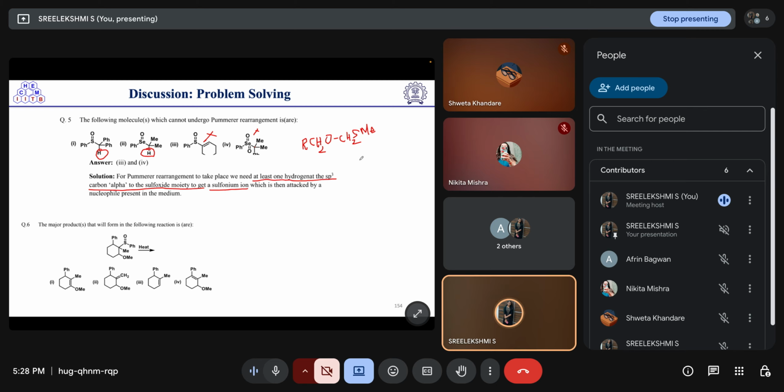Now the next question: the major product that will form in the following reaction. Here the sulfoxide compound is heated. Which compound can be formed here?